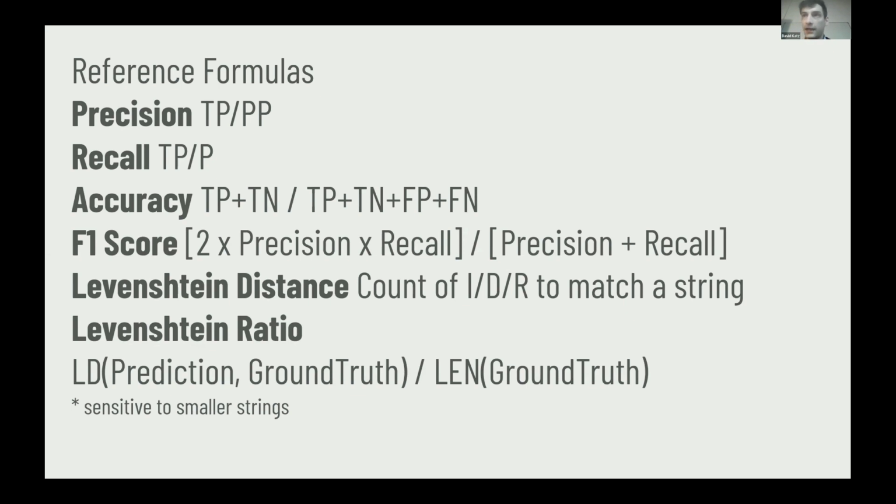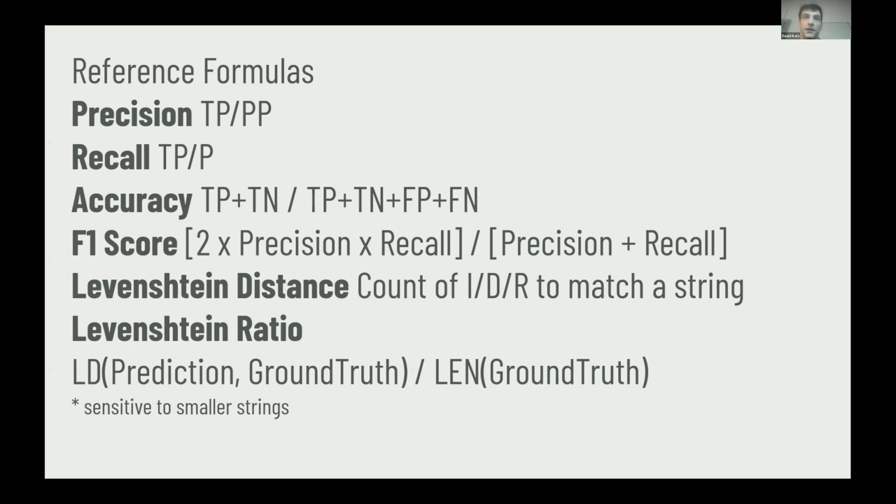Traditionally, document understanding and key information extraction papers have been highly focused on reporting F1. What we start to introduce in our paper and we start to consider is a metric known as the Levenshtein ratio. And the Levenshtein ratio, to understand it, we must understand the Levenshtein distance. And this is just the count of the inserts, deletes, and replacements that a string needs to match another string.